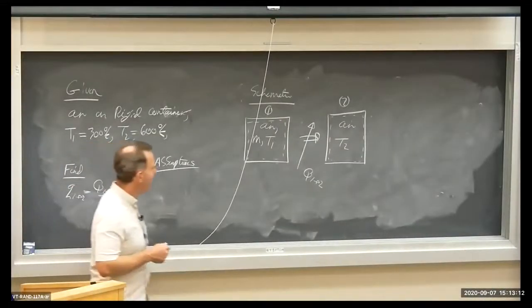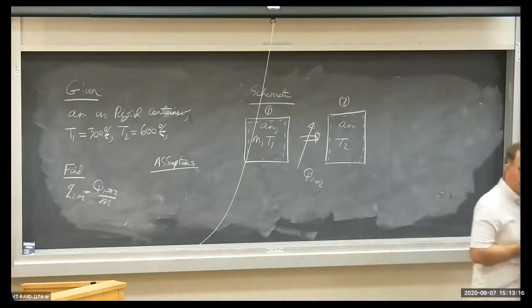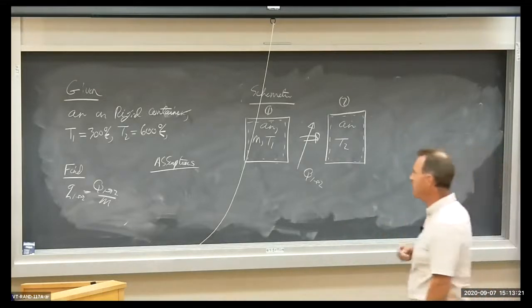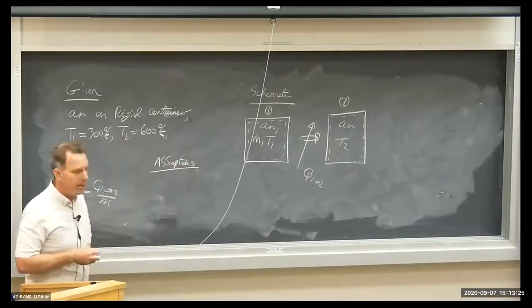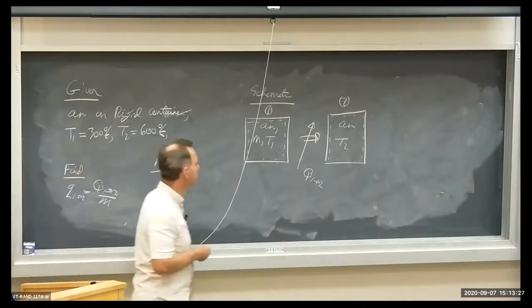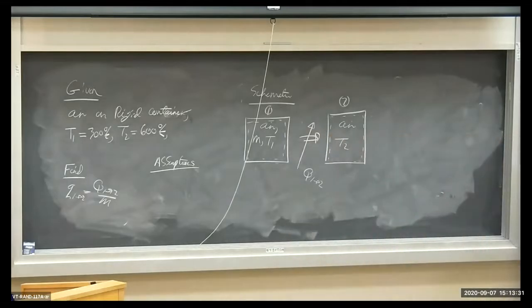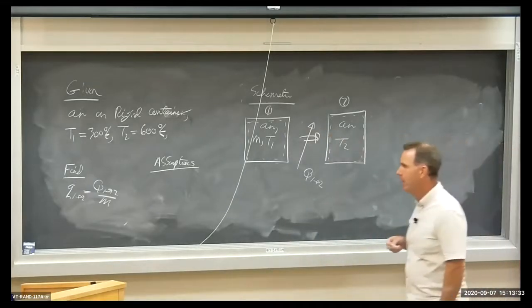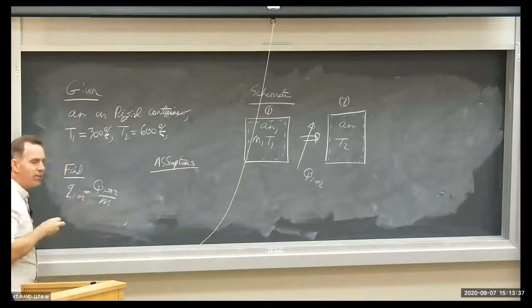We have a rigid container containing air, a mixture of nitrogen and oxygen. Initially, this system starts off at a temperature T1, and then we add heat, Q1 to 2, and we heat the system up to T2. T1 is equal to 300 degrees Kelvin. T2 is equal to 600 degrees Kelvin.